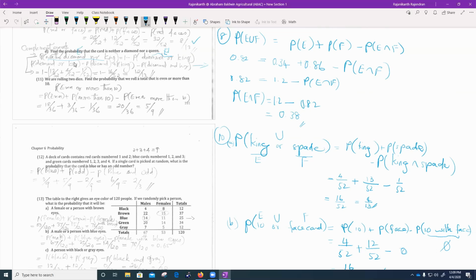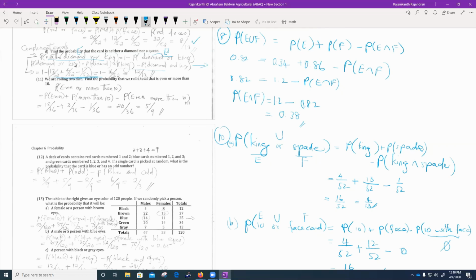Once you have an answer for this piece, just plug it in here. The probability of diamond is 13, plus the probability of king. There are 4 kings, then subtracting diamond and king. So you will find only one such card. So simplify these fractions, then you will get 16 over 52.